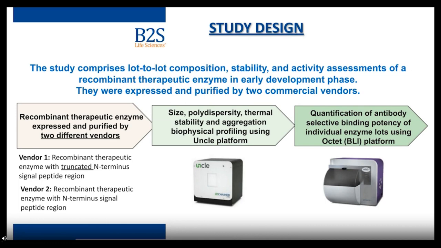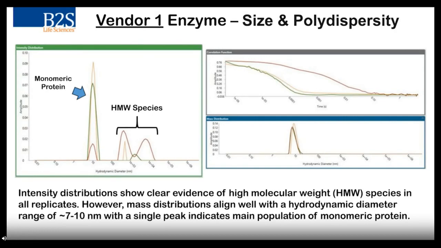And the activity, we wanted to measure how well the enzymes bound to the antibodies which we're using in the biochemical assays. So for the composition and stability, we used the UNCLE instrument, and for the activity, we used the Octet instrument, which is a BLI instrument produced by a different manufacturer.